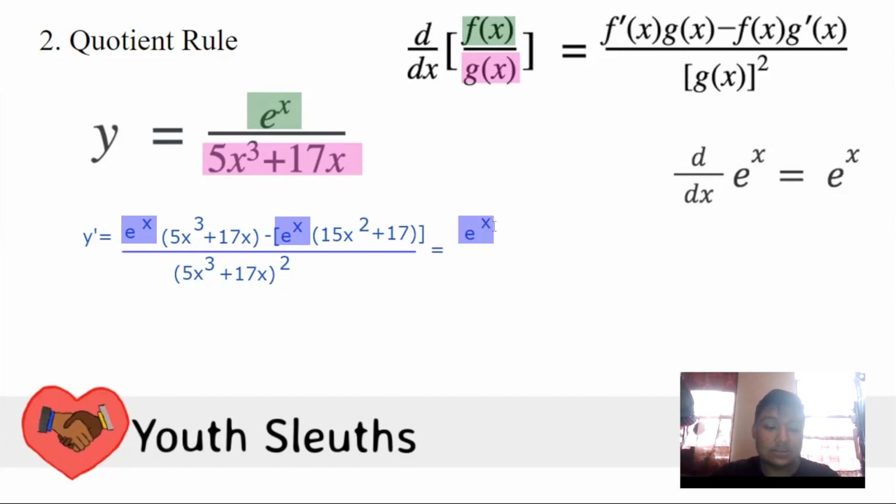And if we notice, what we have left would be 5x cubed plus 17x minus, and then we must not forget to keep the bracket, 15x squared plus 17.